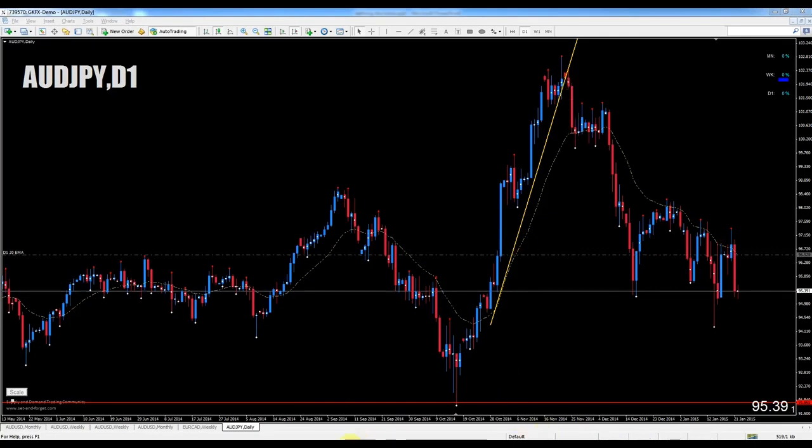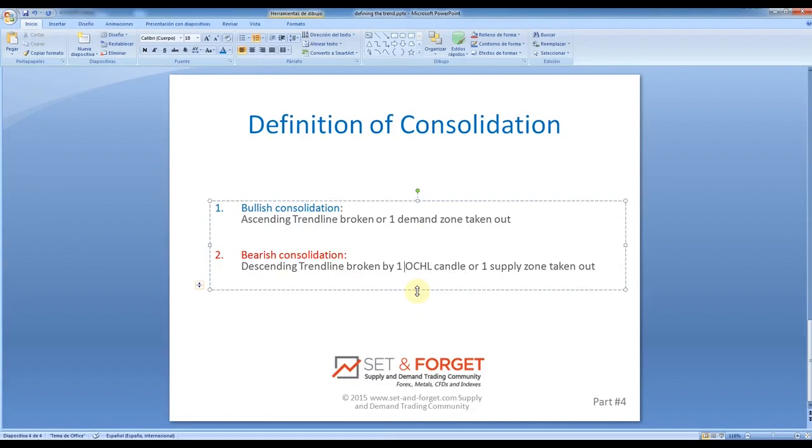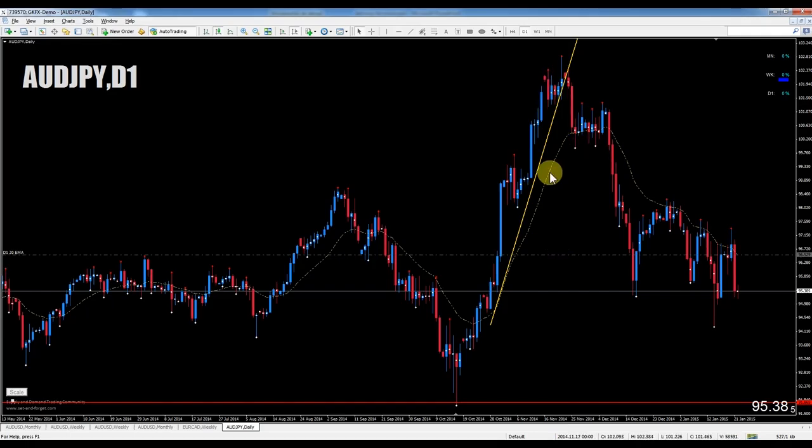Let me edit this: trend line broken by one full candle. Okay, there it is. So then we have a consolidation mode.